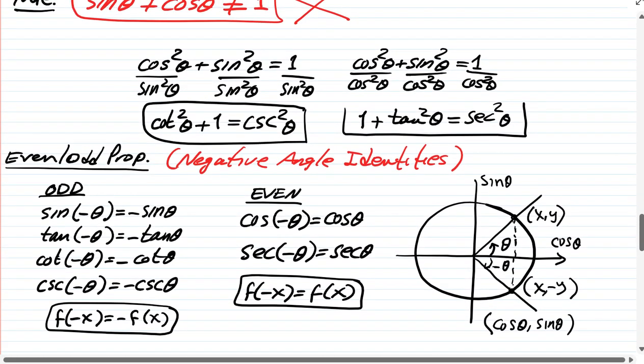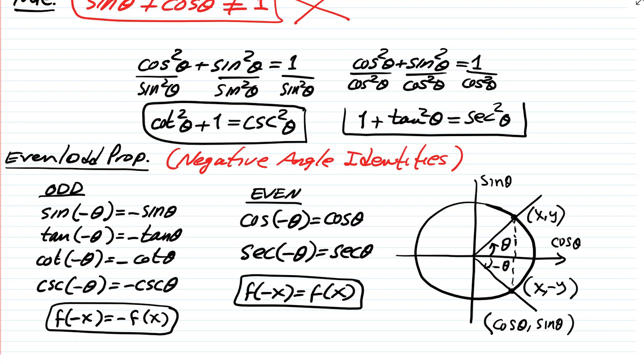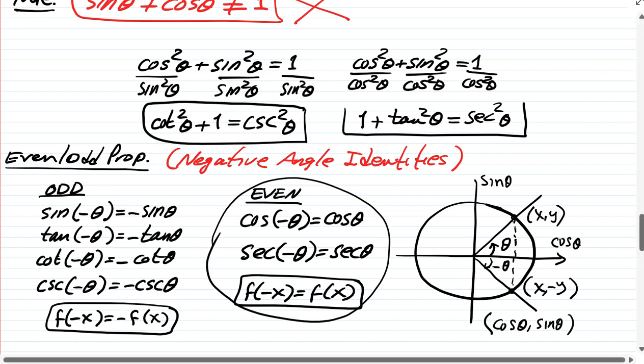And again, I want to recall, all trig functions are odd functions, so that means the trig function of a negative angle equals the negative of the trig function of a positive angle, with the exception of cosine and secant. So all the other 4.